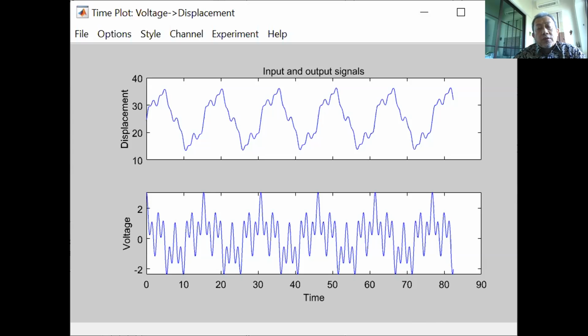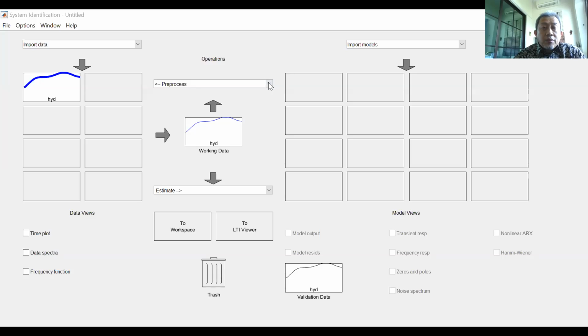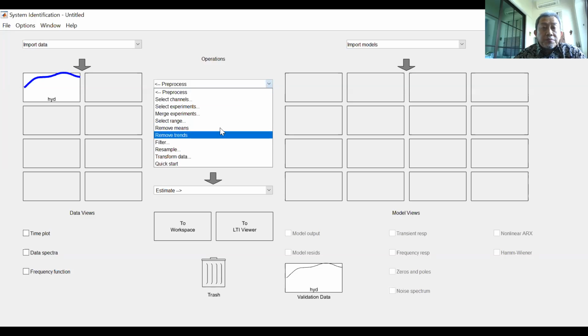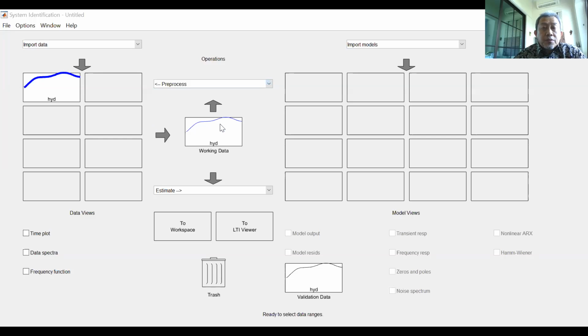Okay. So atas adalah output, bawah adalah input. Right. Then we go for pre-processing. Okay, pre-processing, select range. Okay. 1500 dah kita. Nur Fariza, berapa period eksperimen kita? Length data 1500, sampling 55 millisecond.